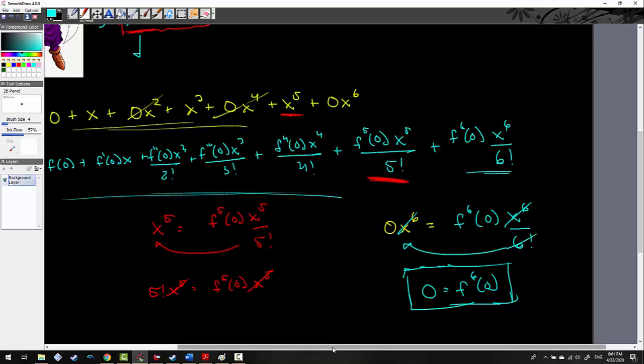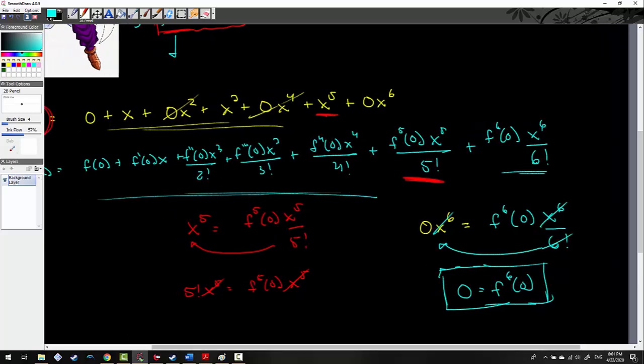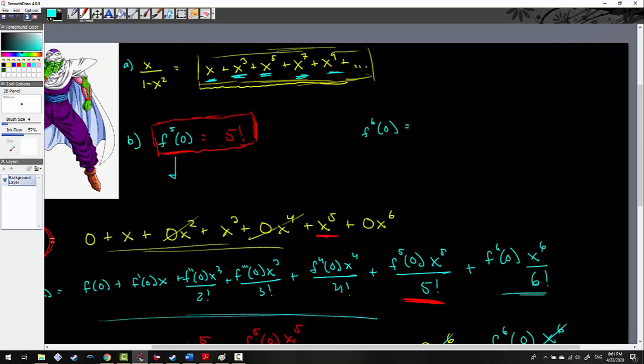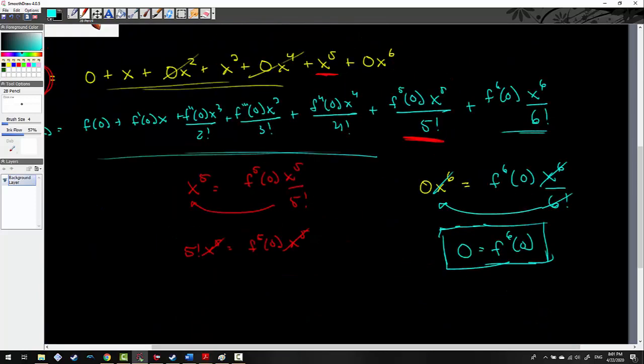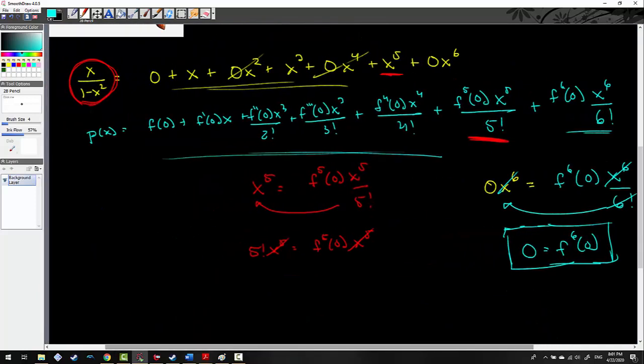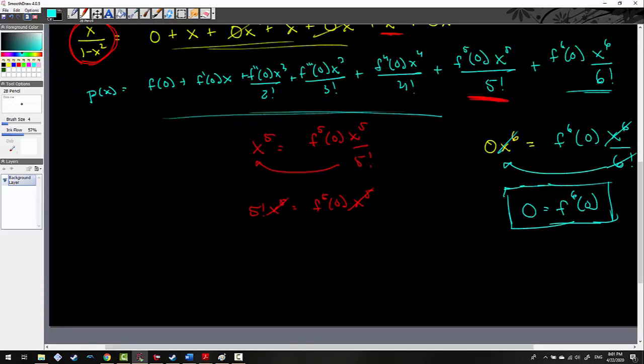The reason why this problem is happening here is because they're trying to see if you can establish a pattern for part C. So let me clean up the board real quick, and actually I don't think I even need to clean up the board. So in part C, they ask, what can you say about the value of f, the nth derivative at 0?